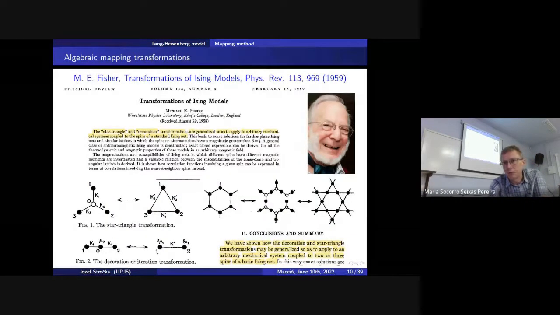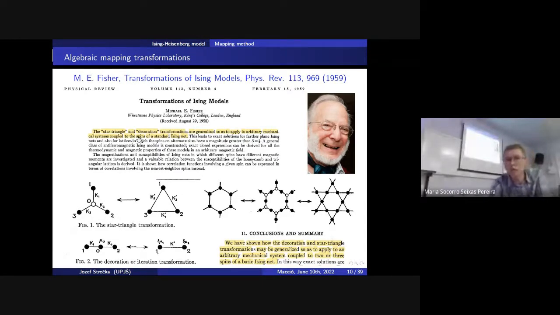Fisher, in the late 50s, showed that there is a set of algebraic mapping transformations, known as the star-triangle and decoration-iteration transformations, where you can remove some Ising spin and replace it with some effective coupling and effective field. And the same holds if the Ising spin is coupled to 3 spins, replacing it by effective couplings.